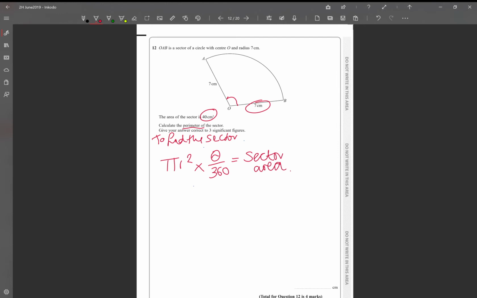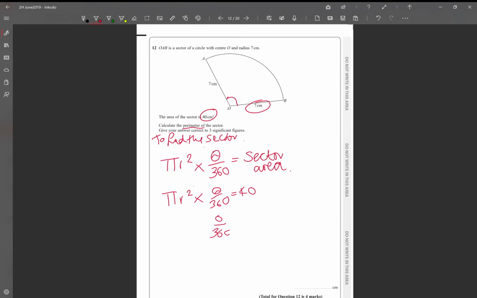We don't know the angle, but we do know the area, so what we would have to do is pi r squared times theta over 360 equals 40. We do these in lots of steps here.